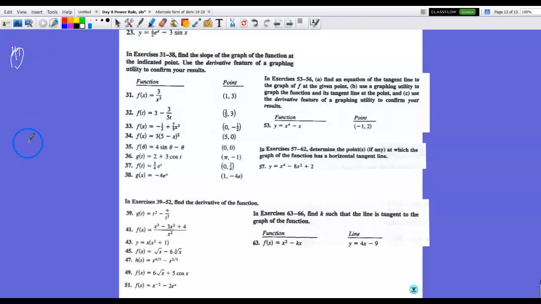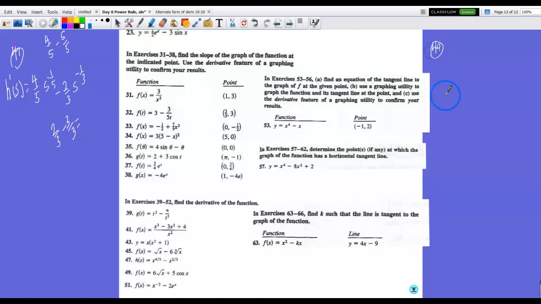We've got more fraction work, so I'll have h prime of s is equal to 4/5 s, and remember, do that fraction work, write it out if you need to. 4/5 minus 1, which would be 5/5, is negative 1/5. Second term is minus 2/3 s, and then I've got to take the original power of 2/3 minus 1, which is 3/3. That gives me s to the negative 1/3 power. Number 47.